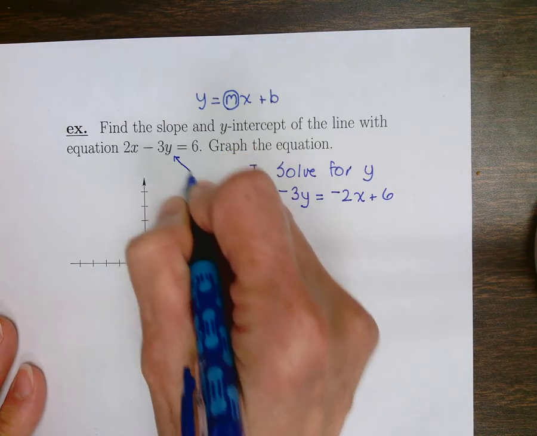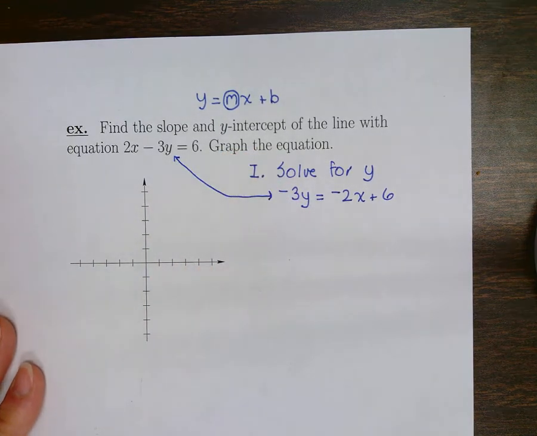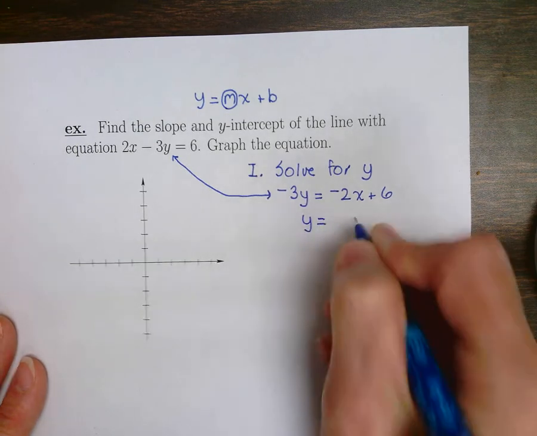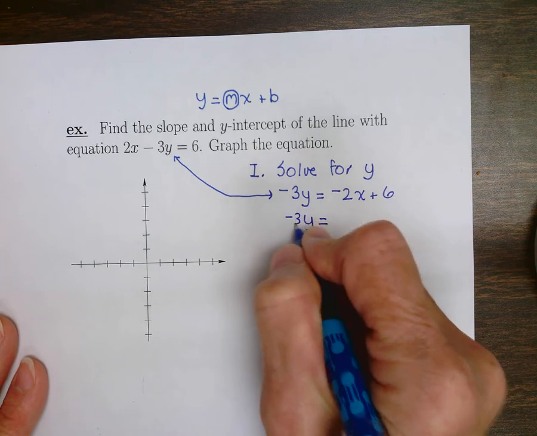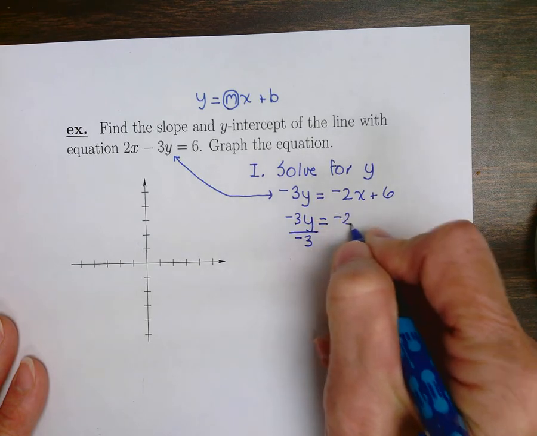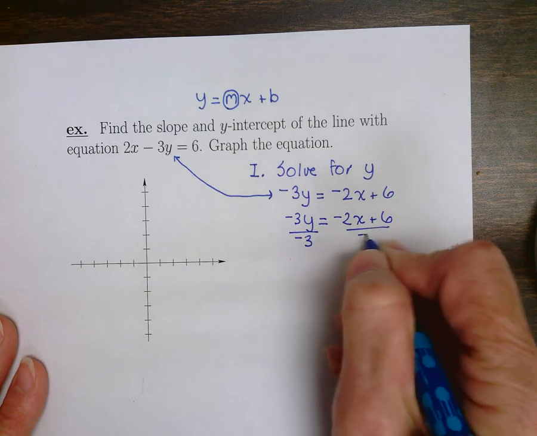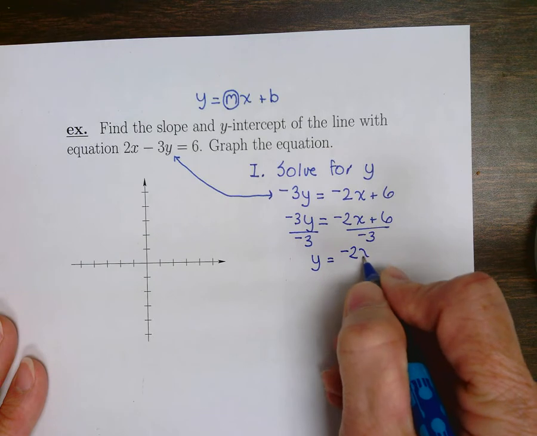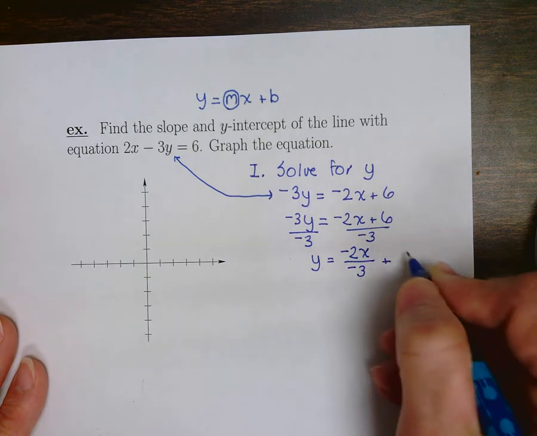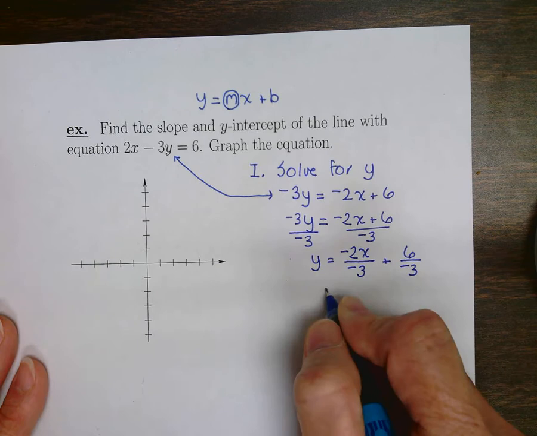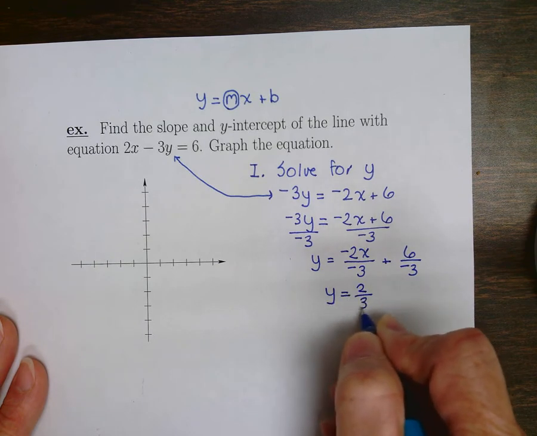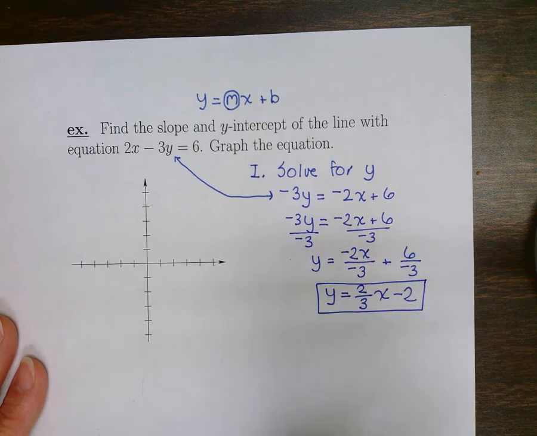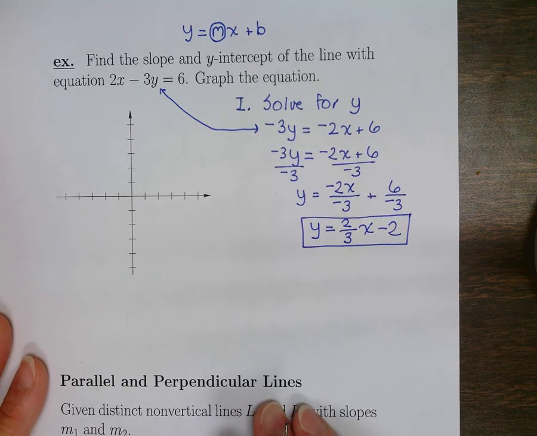Okay, taking this line, solving for y. Okay, and divide by negative 3. I'll do it in 2 steps. And y equals, splitting that fraction up, which I can do. And it looks like y equals 2/3 x minus 2. That is the slope-intercept form of that line.